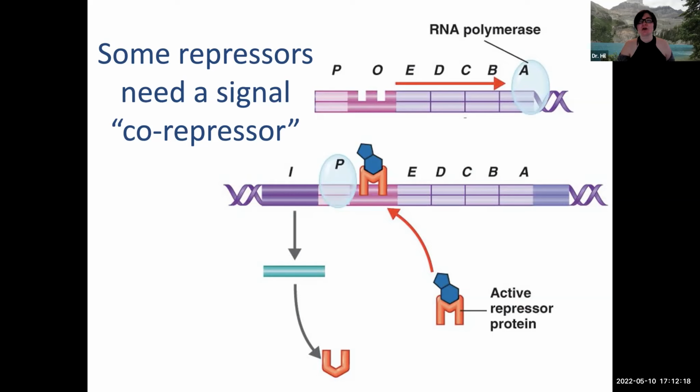Repressible ones are normally being transcribed by default and can be shut off by some environmental cue. Inducible genes are normally not transcribed and can be turned on by some environmental cue. So what do we have here? If our repressor is born in the non-functional state and it's not here and transcription is happening, then transcription is happening by default. So is that the definition of repressible or inducible?